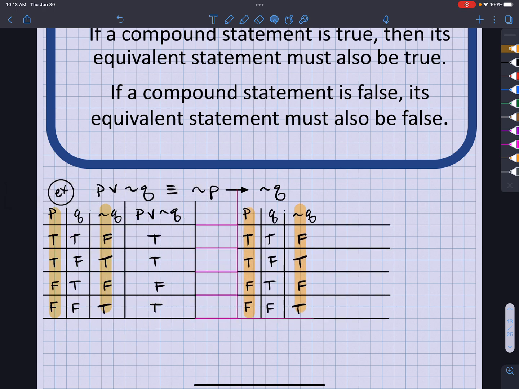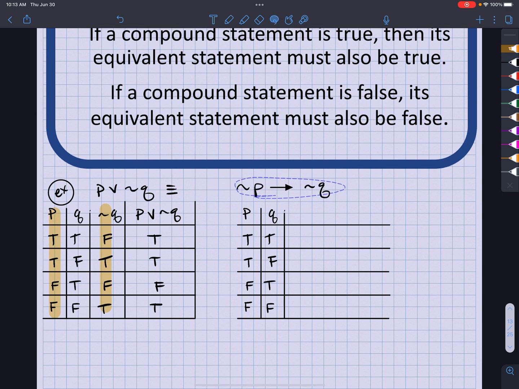I need the not Q, but not yet, so I'm just going to take that out. Let me move this over here so you can see that.